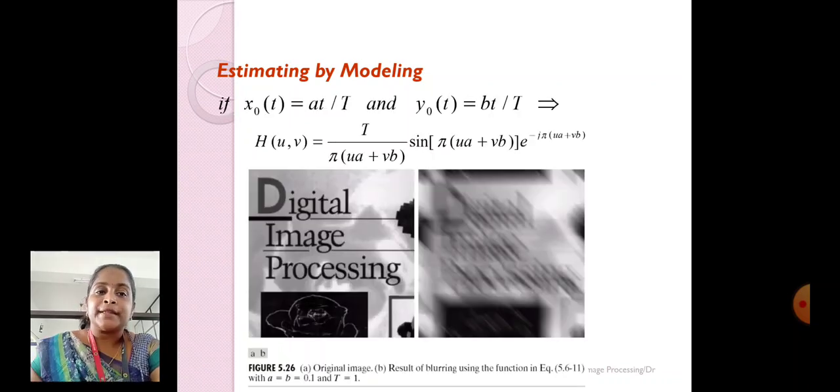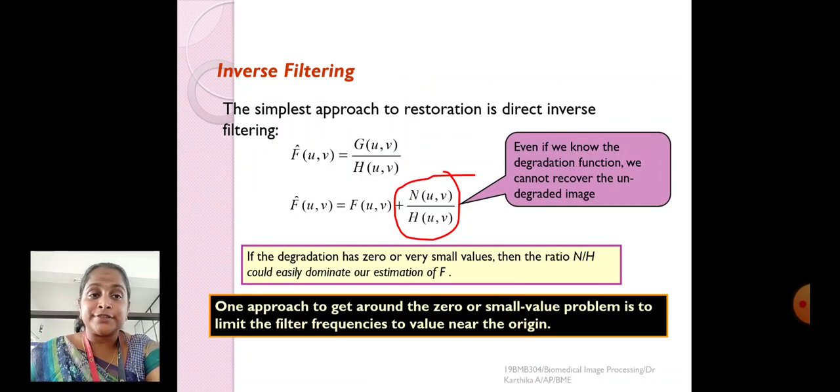By using inverse filtering, the simplest approach to restoration is direct inverse filtering. From this we can know the degradation function, but we cannot recover the undegraded image. If the degradation has zero or very small values, then the ratio N/H could easily dominate our estimation of F. Here the function is F(u,v) = G(u,v) / H(u,v).